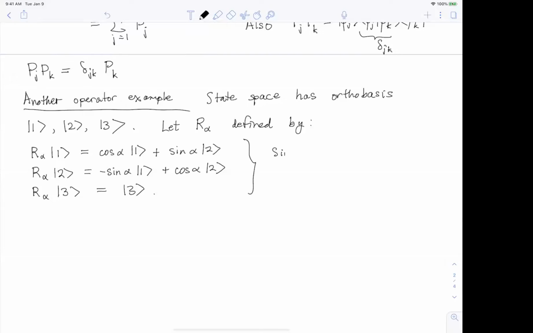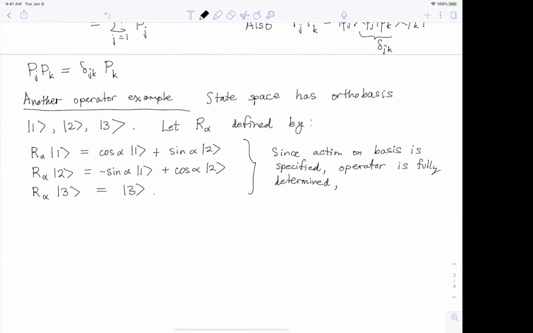Since the action on the basis is specified, the operator is fully determined. And so in principle, you know everything there is to know about it.